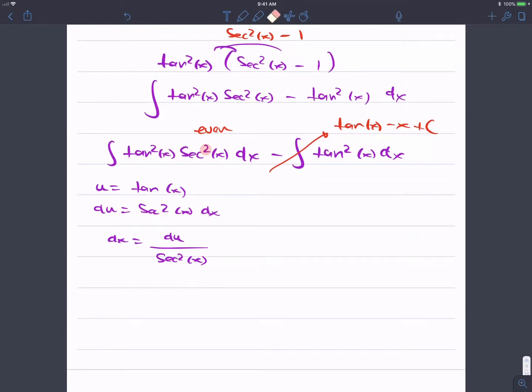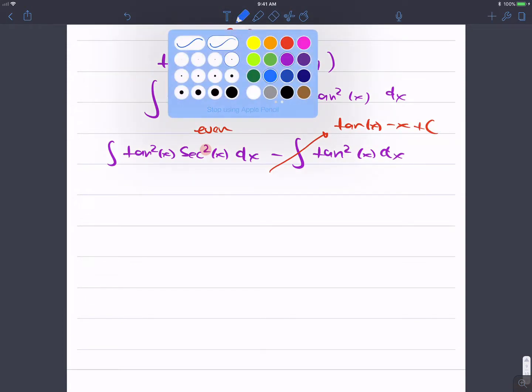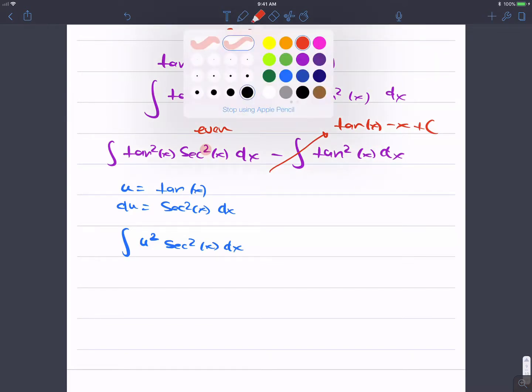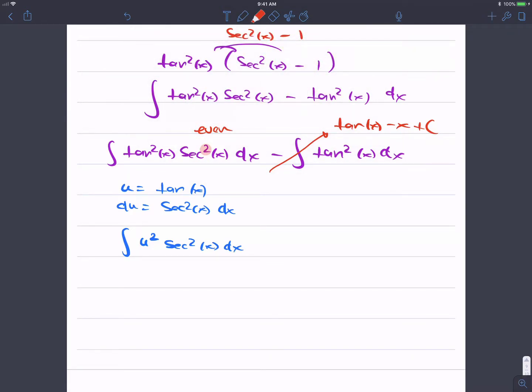Let's do this again. U is tangent. The derivative of tangent is secant squared. So this is what we're going to integrate: u squared, and remember, secant squared dx is actually du. This portion is du.